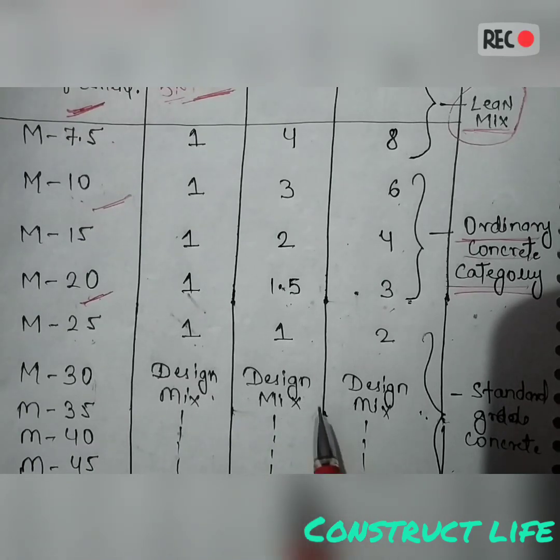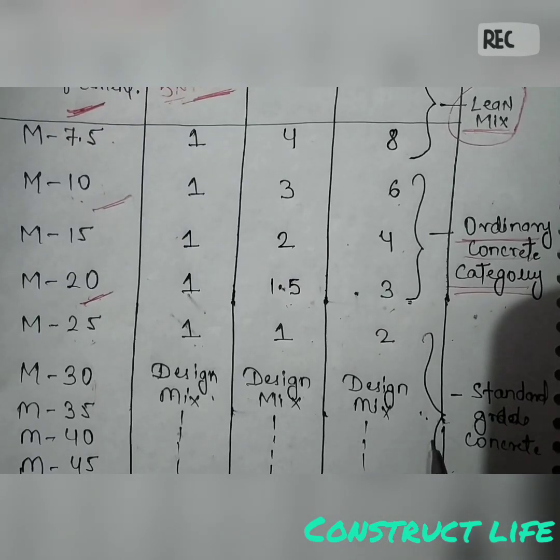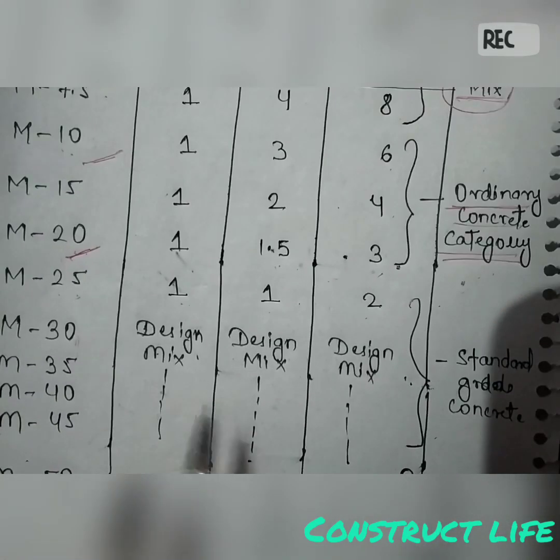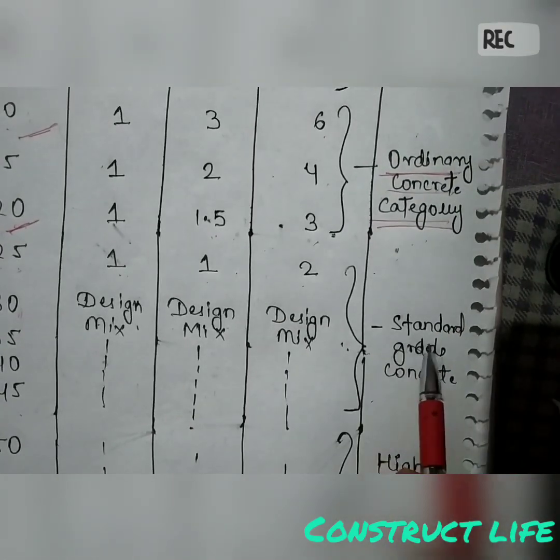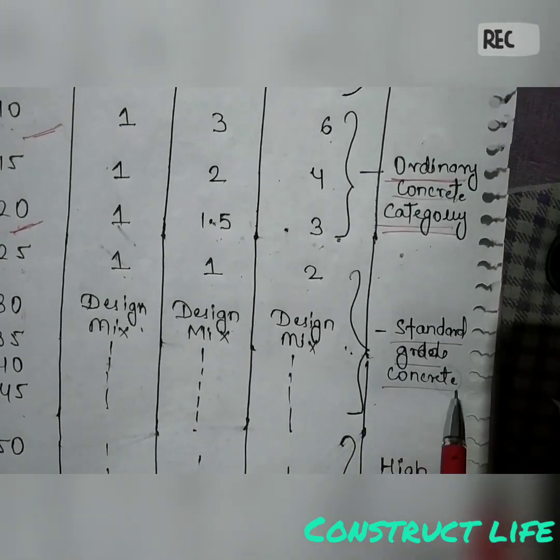Design mix is a process where each and every ingredient of concrete is first tested in the laboratory. Then we design it according to the load, the design of the building or the design of the construction. So from M35 to M45, it is categorized as standard grade of concrete.